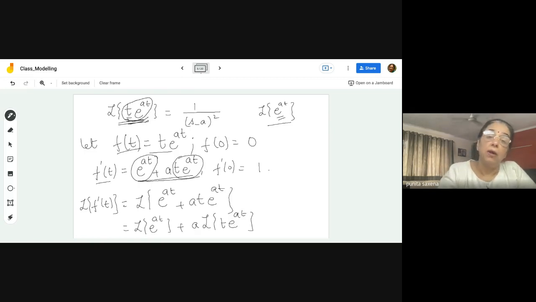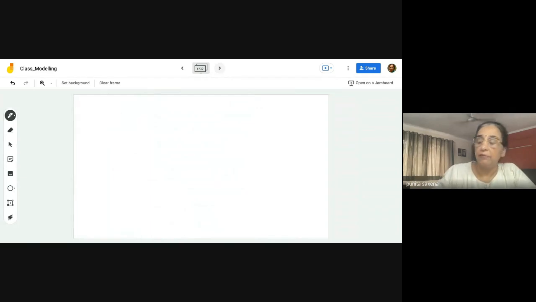Now, by the theorem that we did when we found the Laplace transforms of derivatives, and we used it while solving differential equations, what is the Laplace transform of the first derivative?